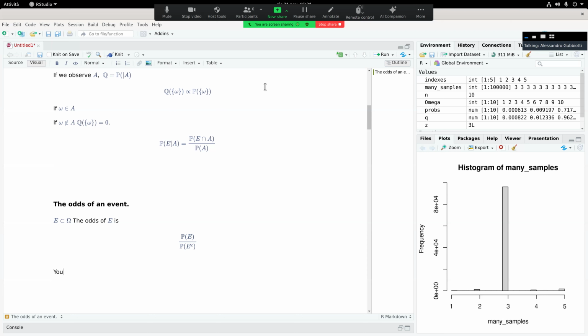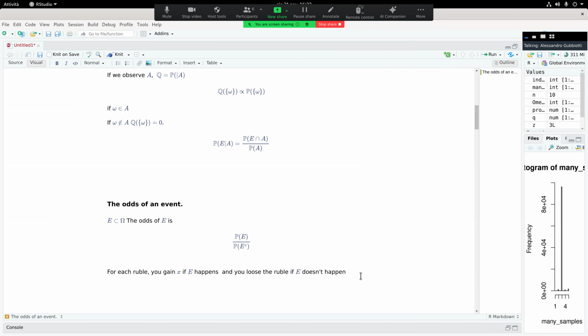For each ruble, you gain X if E happens, and you lose the ruble if E doesn't happen. So this is usually how a bet goes.